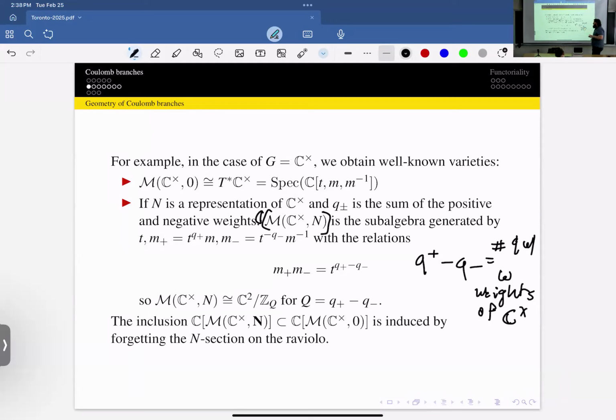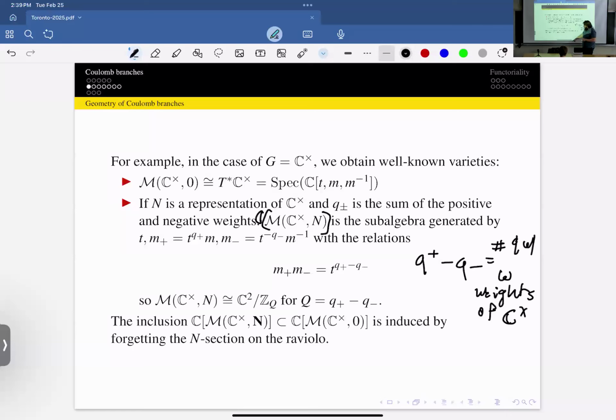You want to think about the relationship between different groups and different representations, and then it's actually important to remember this. So we get ultimately this relation that when I take m plus times m minus, I get a power of T, which is the sum of the absolute values of these weights. And as a variety, I can describe that as C^2 modulo this finite group, the cyclic group whose order is the sum of these absolute values of the weights.